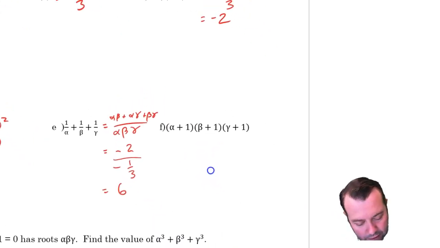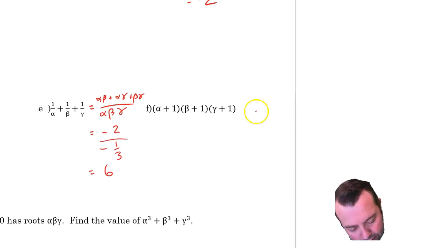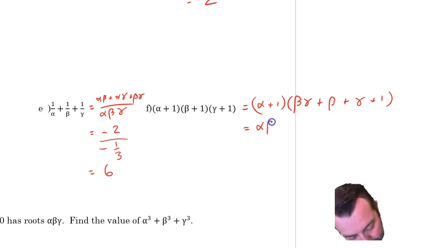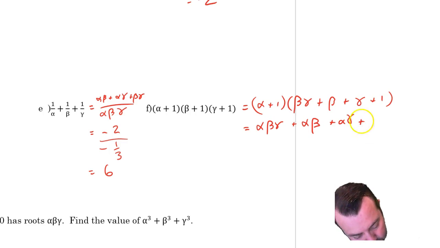Now what do we do here? Alpha plus 1, beta plus 1, gamma plus 1. I think if we expand this out, it's alpha plus 1 outside of beta gamma plus beta plus gamma plus 1. Expand it out again, and I get alpha beta gamma plus alpha beta plus alpha gamma plus beta gamma, plus alpha plus beta plus gamma plus 1.